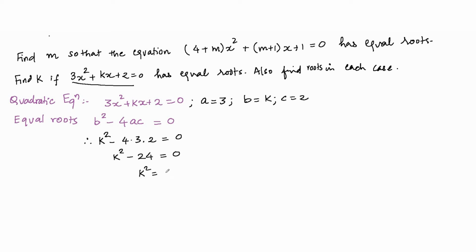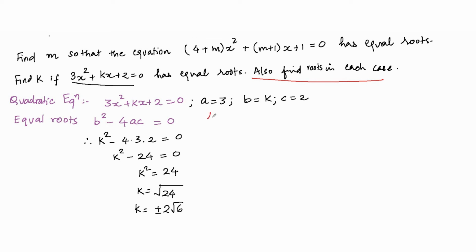Or k square is therefore equal to 24, which means k is equal to square root of 24, or k is equal to plus or minus 2 root 6. And therefore, for this equation to have equal roots, the value of k should be equal to plus or minus 2 root 6. Now they have also said find the roots in each case.